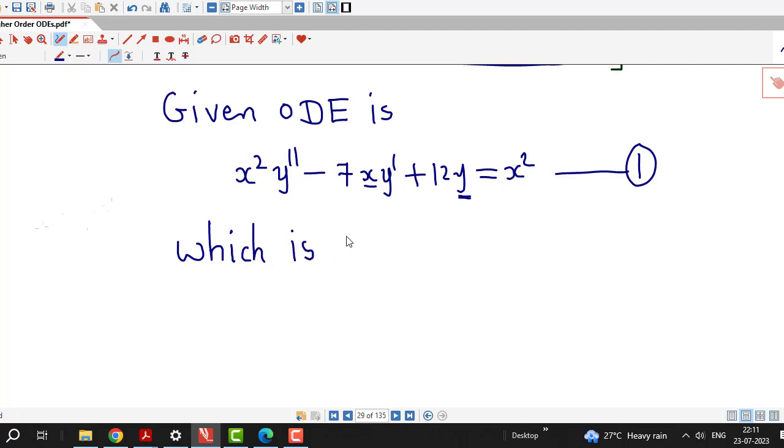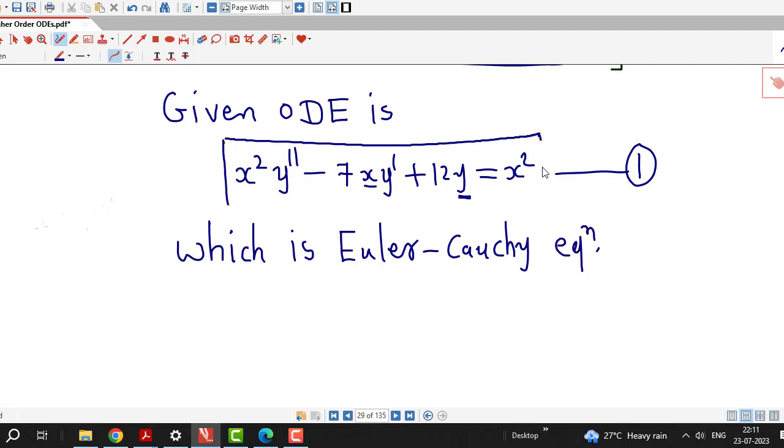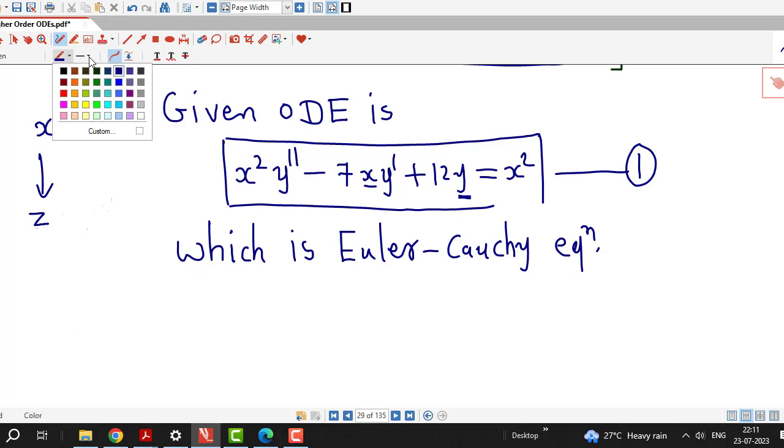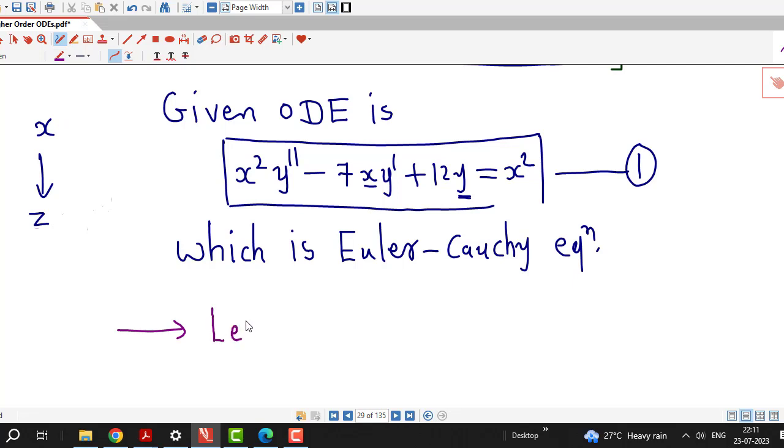So let me write that the given equation is an Euler-Cauchy equation, and we will change the independent variable x to a new independent variable, say z, by some transformation.